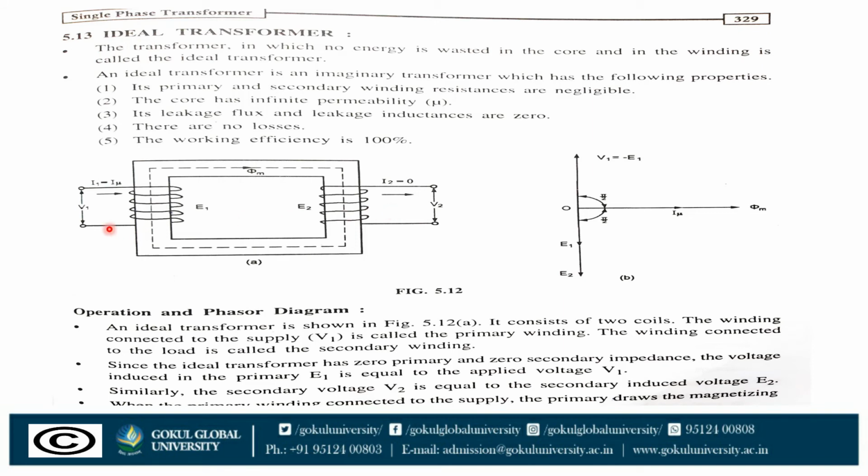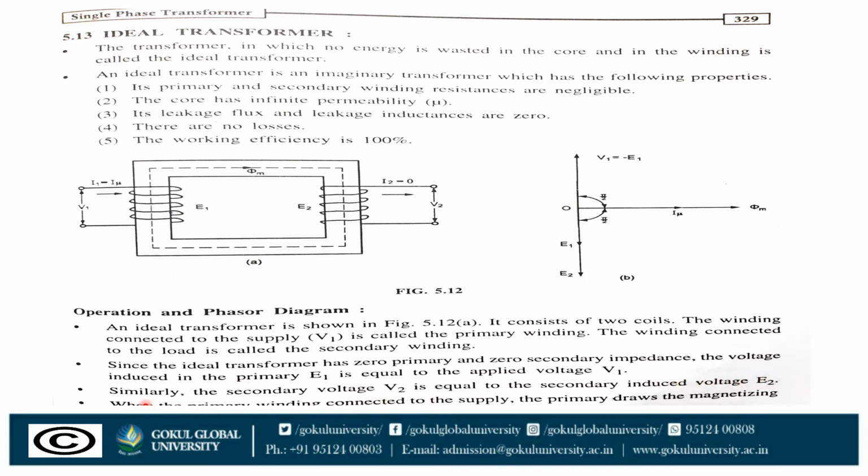Since the ideal transformer has 0 primary and 0 secondary impedance, the voltage induced in the primary E1 is equal to the applied voltage V1. Earlier we discussed this condition. Similarly, the secondary voltage V2 is equal to the secondary induced EMF E2.